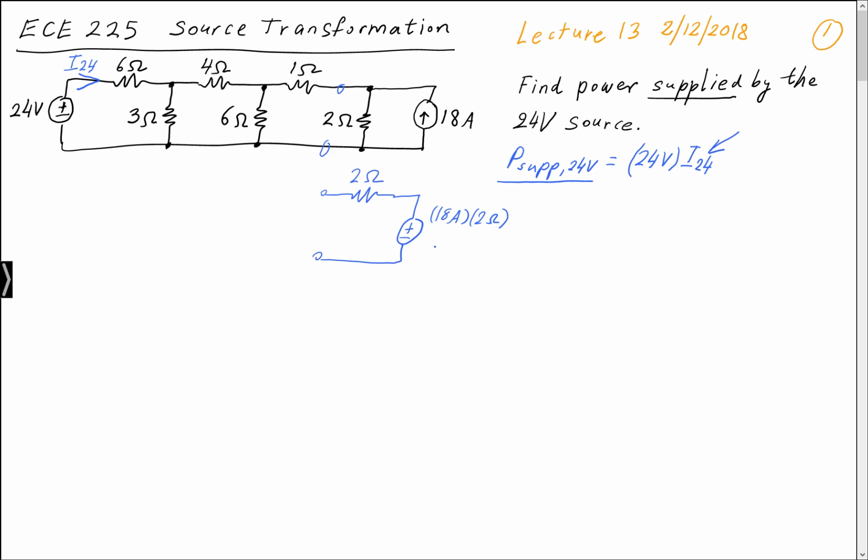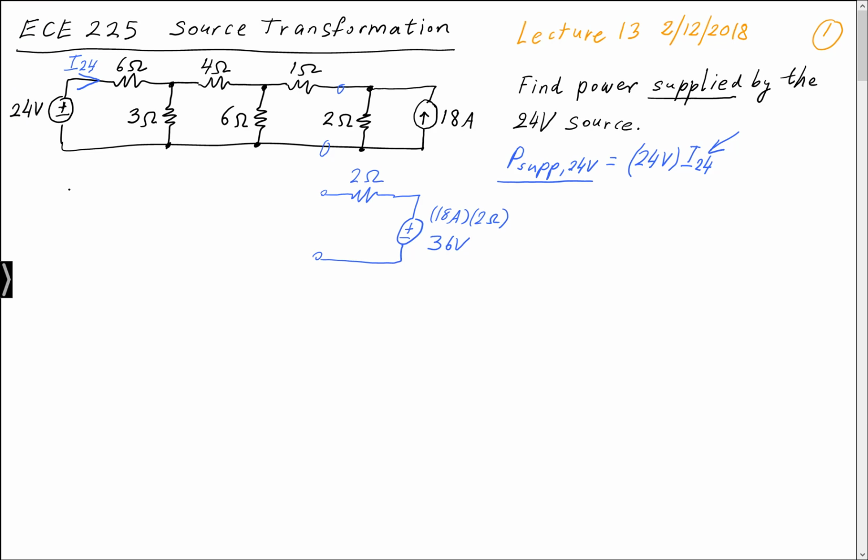So in effect, what we have here is a 36 volt source. This will replace everything to the right of those two circles, but the things to the left are exactly the same. So we can simply go ahead and redraw everything to the left.